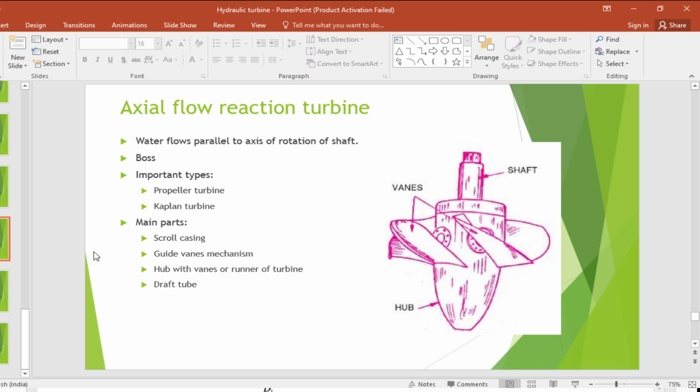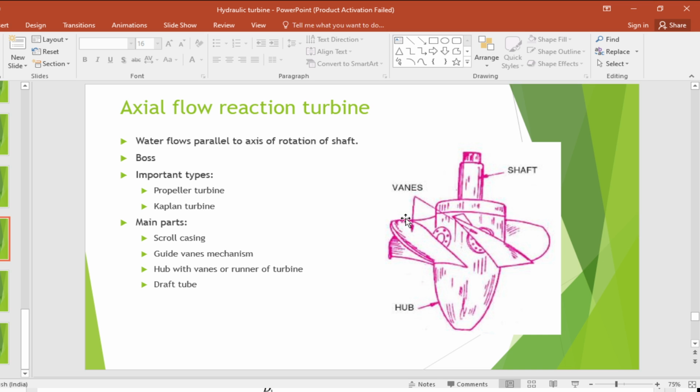When the vanes are fixed on the hub and they are not adjustable, the turbine is called a propeller turbine. But if the vanes on the hub are adjustable, then that turbine is called your Kaplan turbine. That means propeller is not adjustable and Kaplan is adjustable.